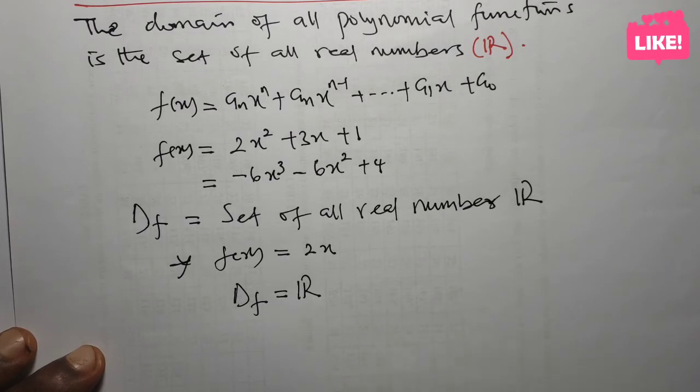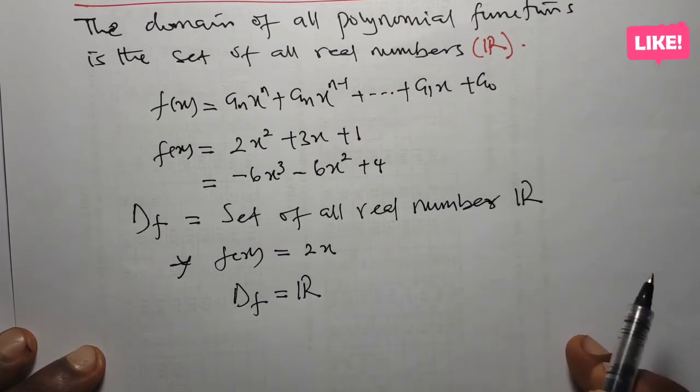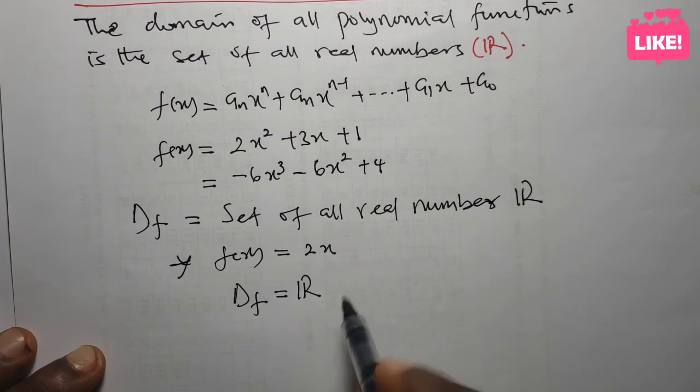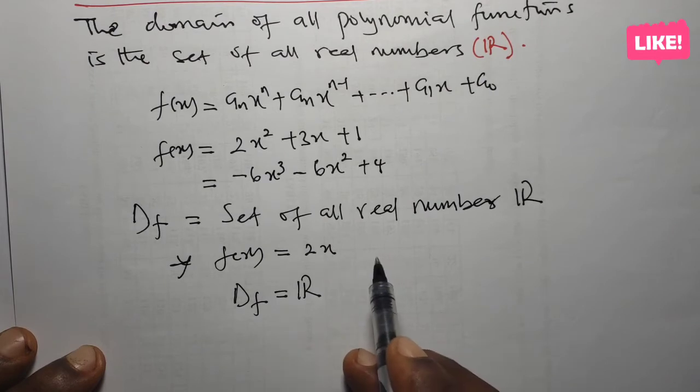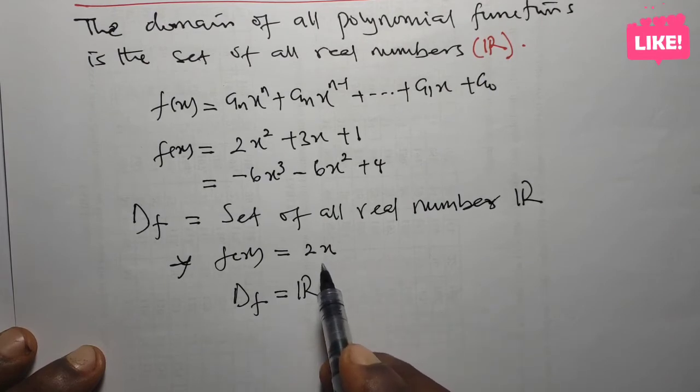What does this really imply? This implies that in the set of real numbers, if you plug in any real number into this function, we are bound to have an image for such a real number. So if, for example, you plug in 0 here, the image will be what? 2 times 0 is 0. If you plug in 1 here, you get the image 2.